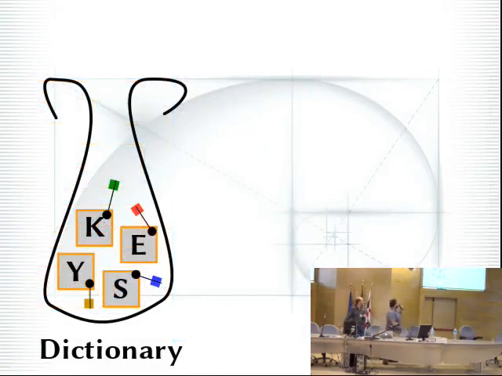And of course, if we have a set of objects, we can also have a set of associations. Conceptually, that's a dictionary, where each of the keys has some other object associated with it.